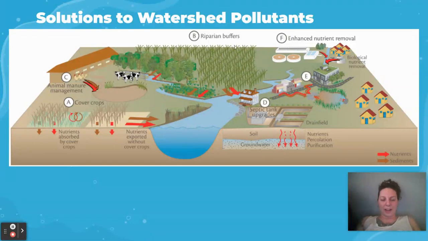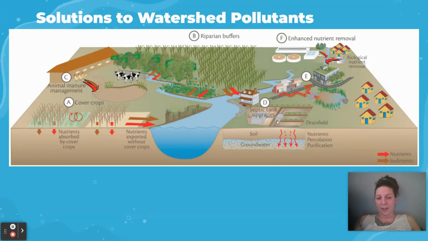If we actually have plants there instead of just open soil, those roots are going to allow more water to infiltrate into the soil, and then the roots will be able to filter out some of those pollutants before the water makes its way into the main water source, whether it's a stream or a river or whatever.